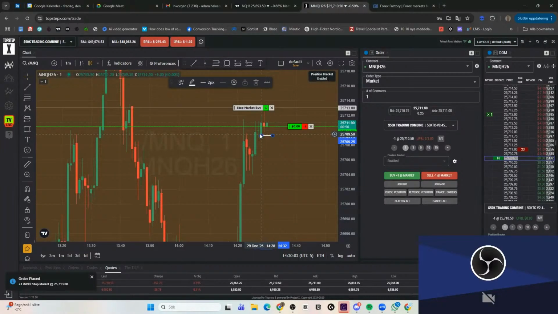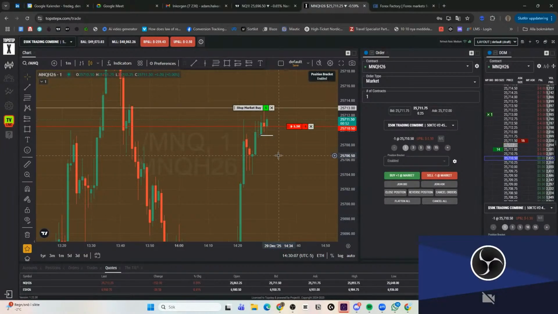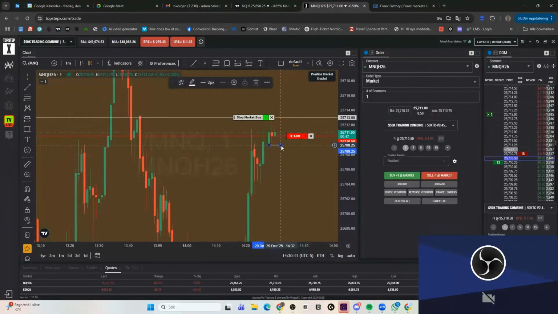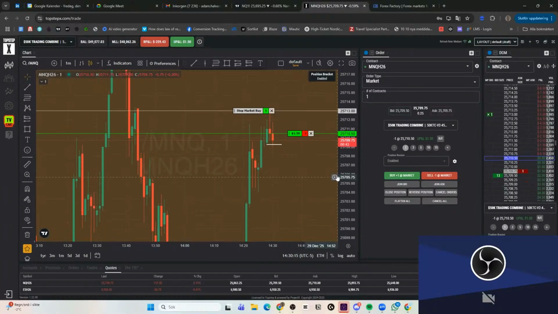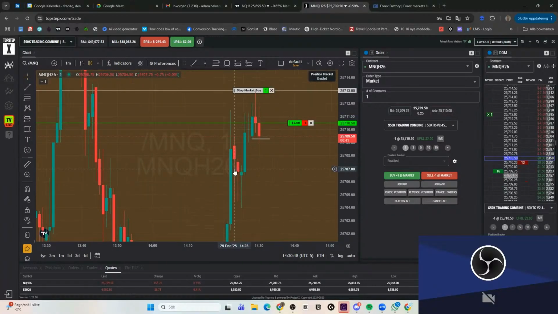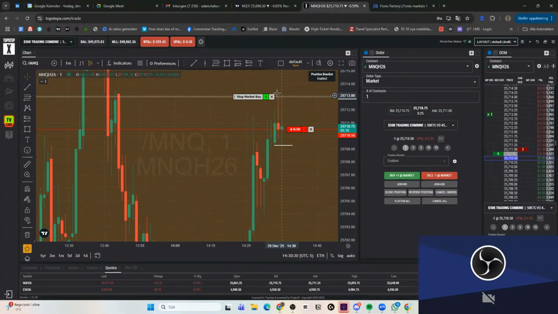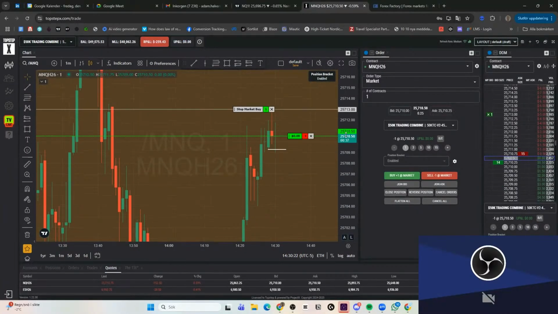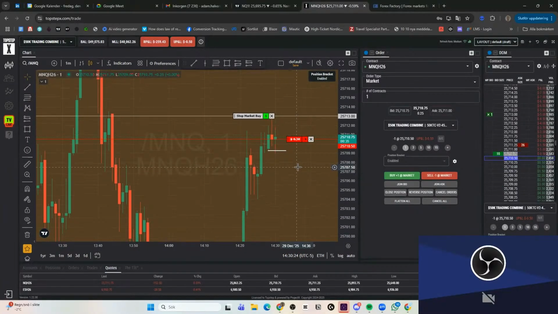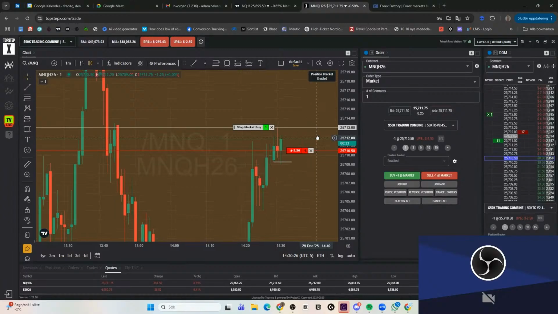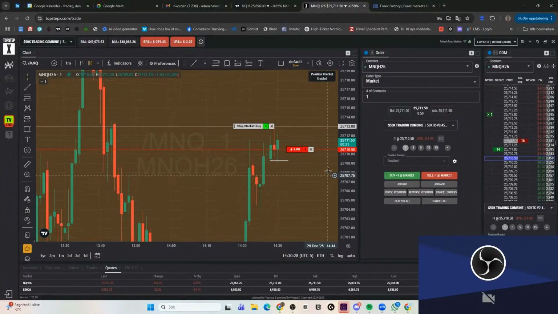So that's the validation, and then I would put my stop there. That would be my old entry model, but I felt I had a higher hit rate when I did a proper 1 minute order block.